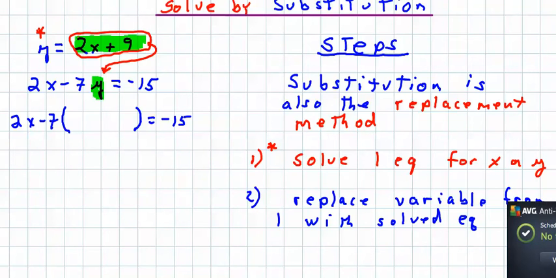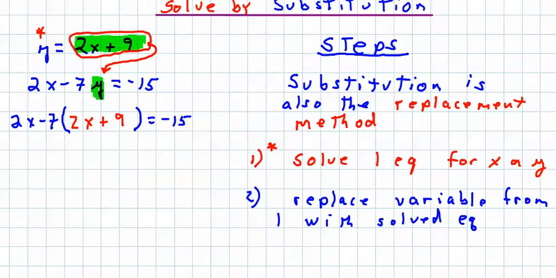So, I'm going to replace y with 2x plus 9. Basically, I've rewritten this equation, but instead of using y, I used what y is equal to.